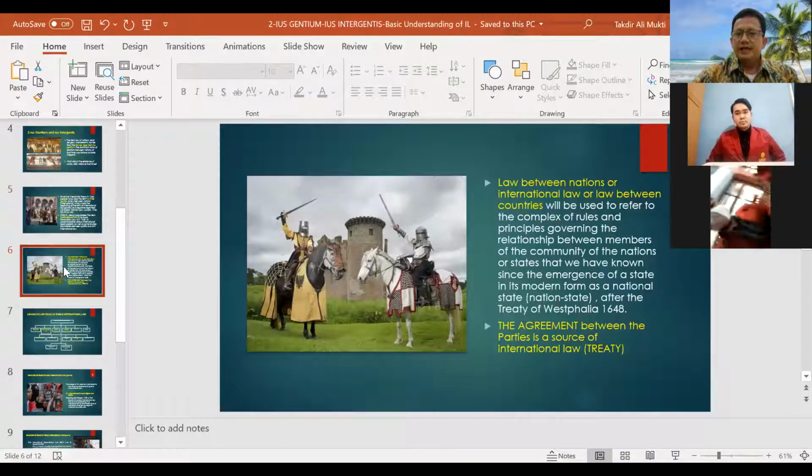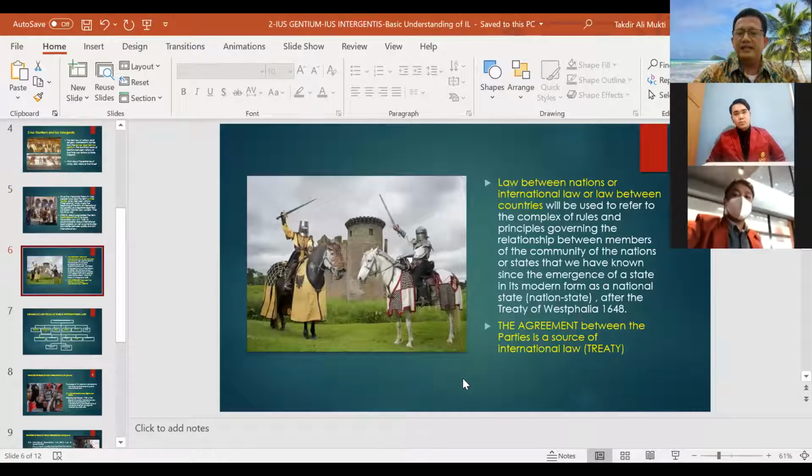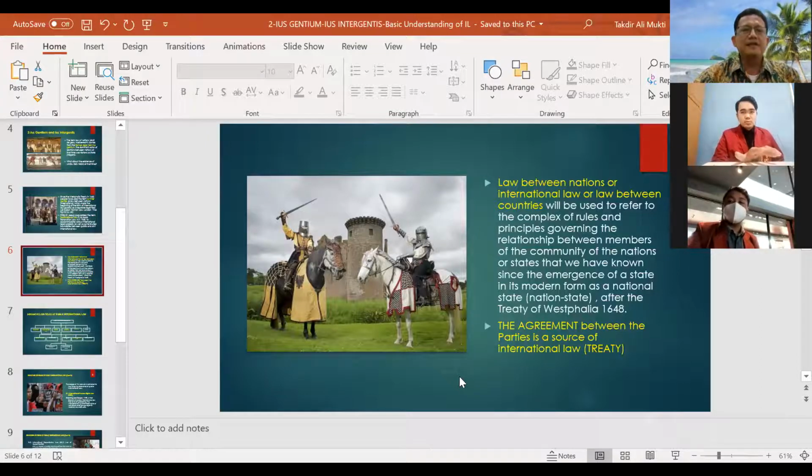The most important thing in international law, and the main source of international law, is agreement.